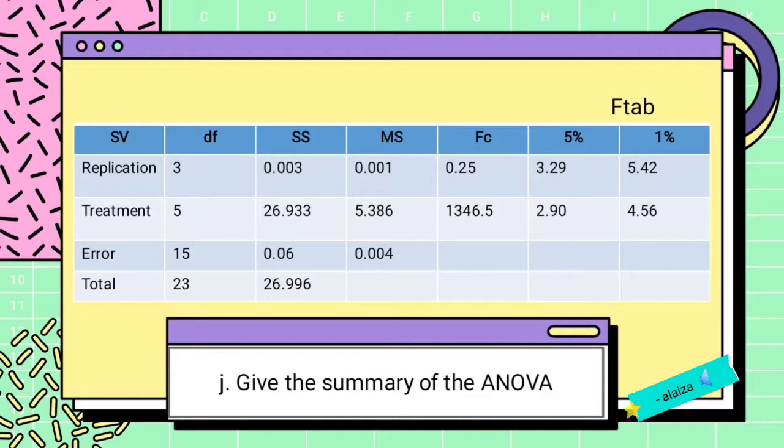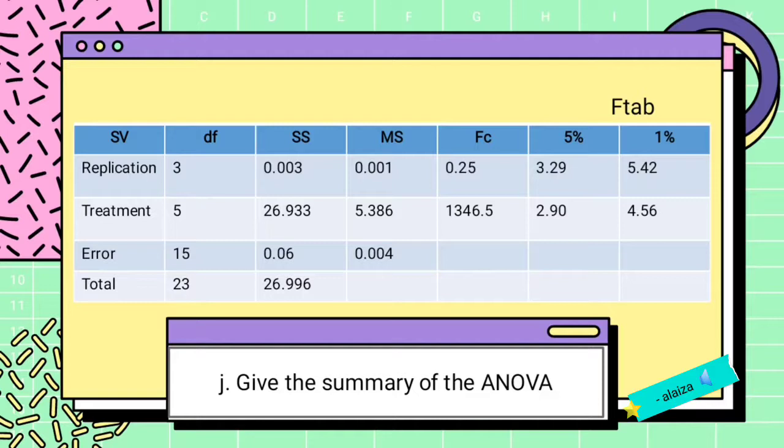Our MS in the replication, which is 0.001, we got using RSS, which is equal to 0.003, and our replication degrees of freedom, which is equal to 3. So MSR equals 0.003 divided by 3, which is equal to 0.001.